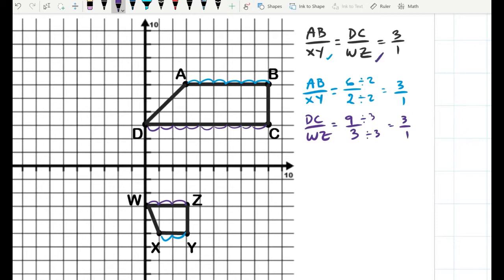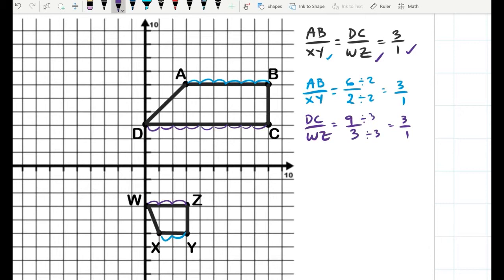So far so good, the statement is true. However, it doesn't tell you that these are similar trapezoids. To be similar figures, all sides have to follow the same scale factor. If this is 3 over 1, then I need all 4 sides equal to 3 over 1.